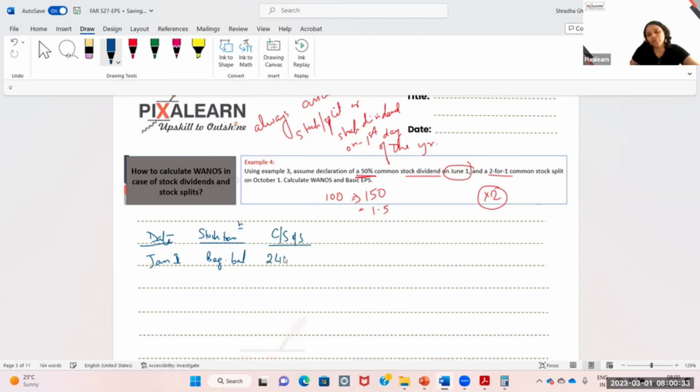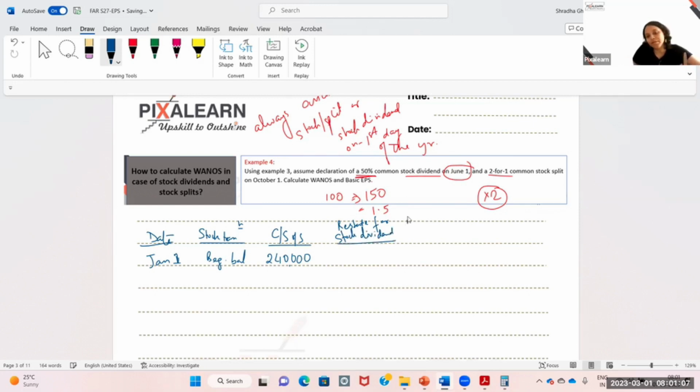Common stock outstanding was $240,000. Is this clear, guys? Now we said that whenever a stock split or a stock dividend happens, you're going to assume it happened on the first day of the year. So let's restate the stock for the stock dividend.